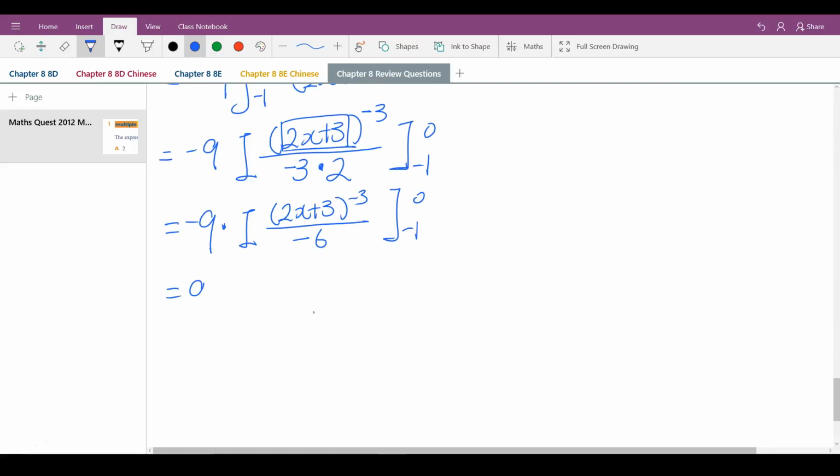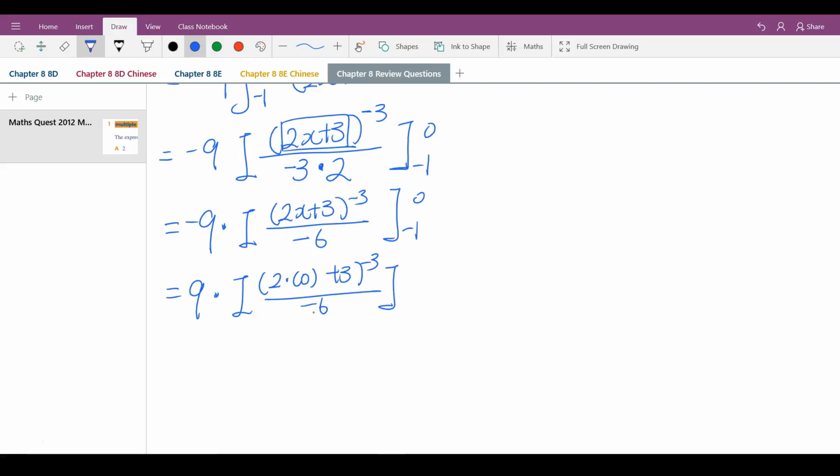Alright, let's sub the numbers in. So 2 times 0 plus 3 to the negative 3 over negative 6, minus 2 multiplied by negative 1 plus 3 to the power of negative 3 over negative 6.